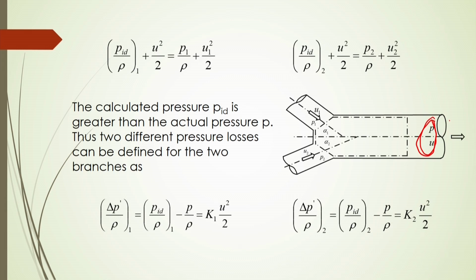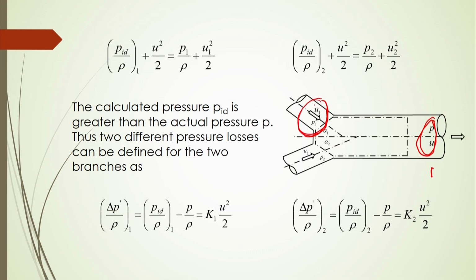So, we can say here P_id by rho at section 1 plus u square by 2, this is the initial pipe P_id, will be equal to P_1 by rho plus u_1 square by 2.